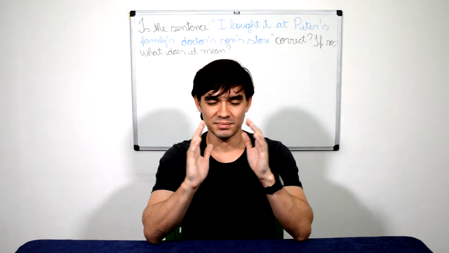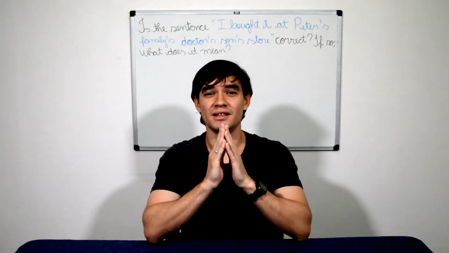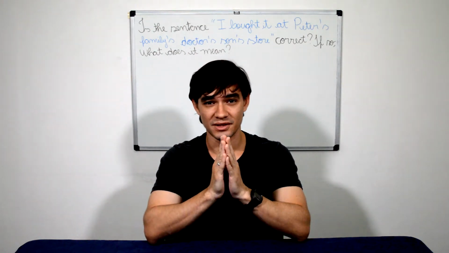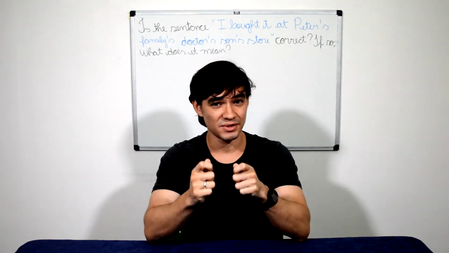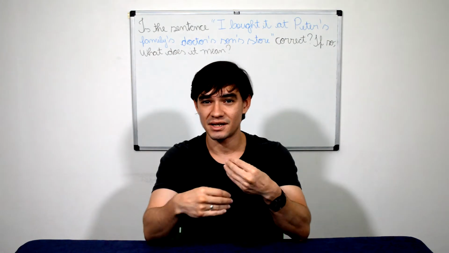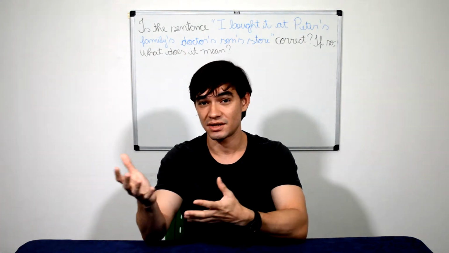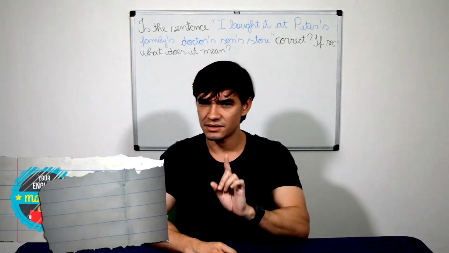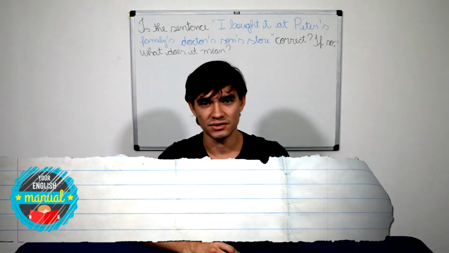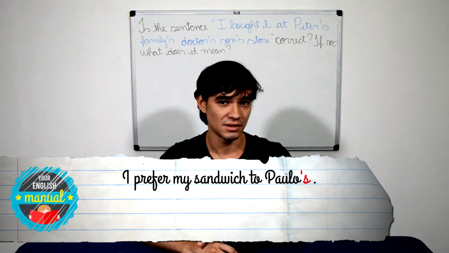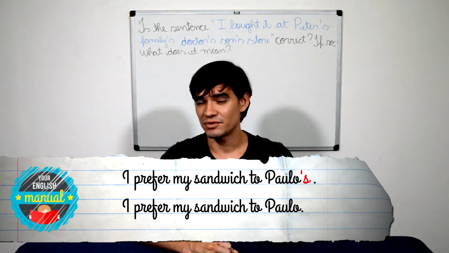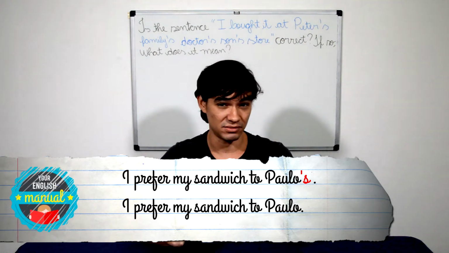Now, guys, please just be careful and don't forget the apostrophe s in that kind of structure. It's precisely the apostrophe s that permits this kind of interpretation using the context. Please notice that it's quite different to say, I prefer my sandwich to Paulo's, and then to say, I prefer my sandwich to Paulo.